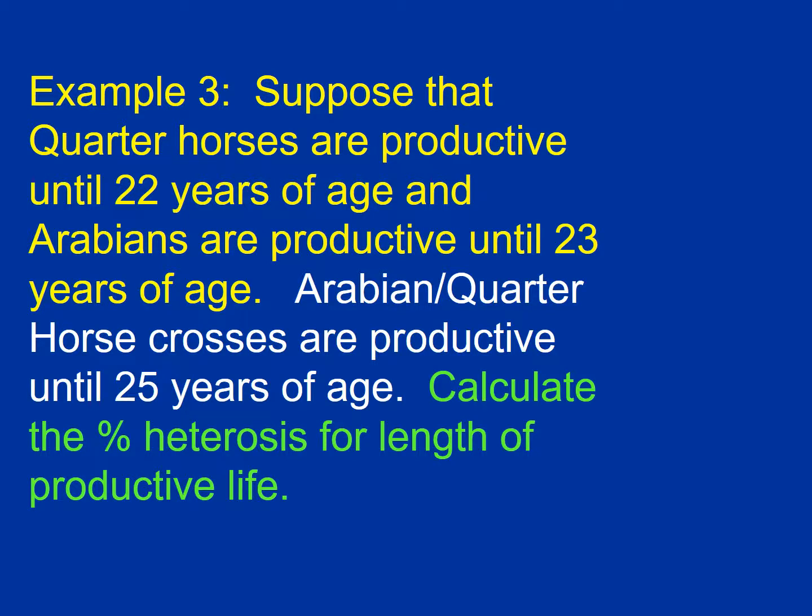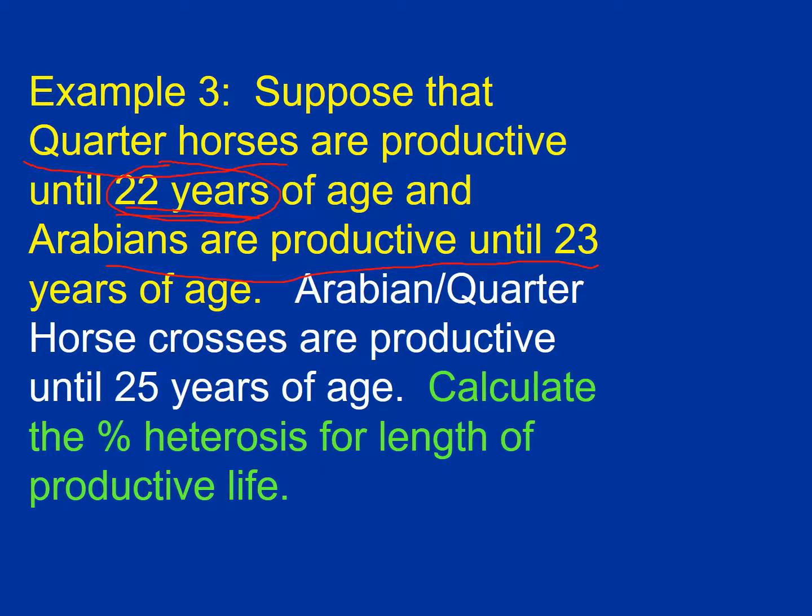We have one more quick little example here, looking at a totally different trait and a different species. We've got quarter horses, and they can live to be 30, but on average probably productive life, where you can use them for work, about 22 years. Arabians tend to be a little longer lived on average, so 23 years.